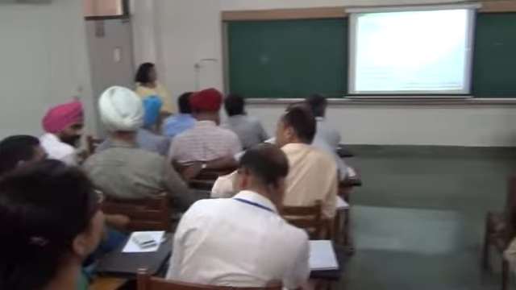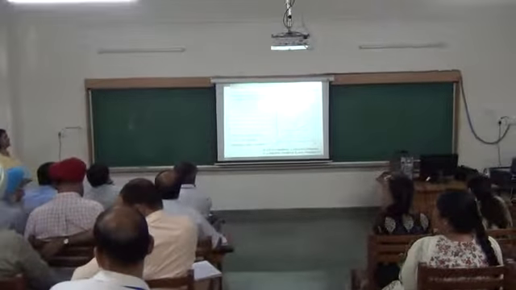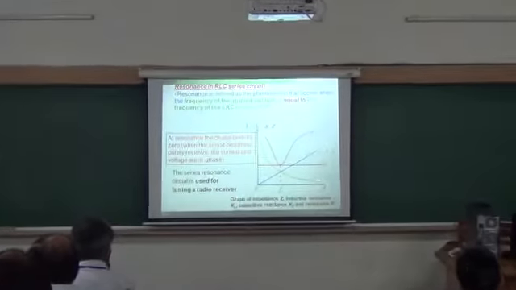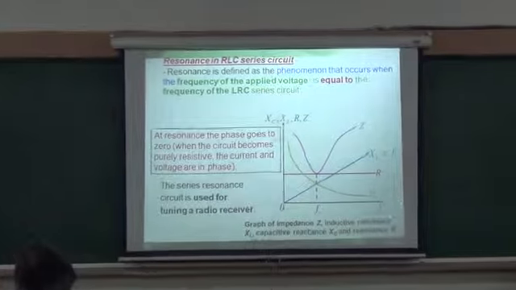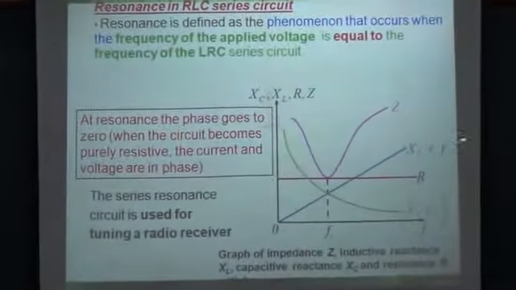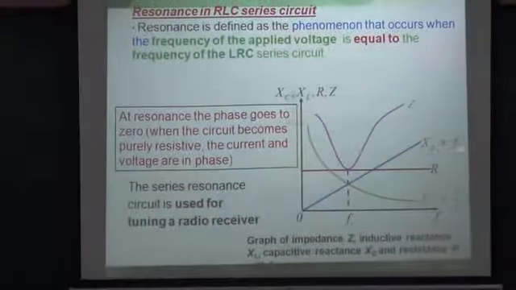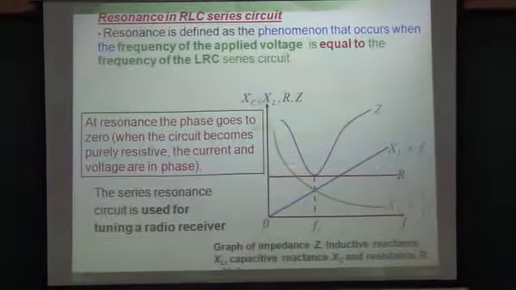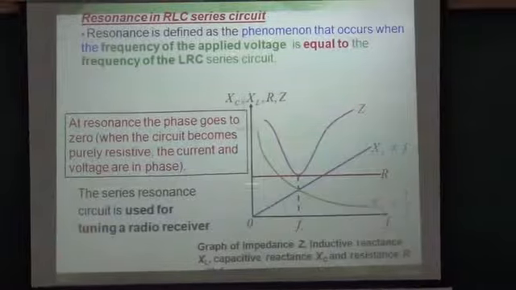Okay, so now let me see all the different values. This is my XC, which changes as 1 by F. XL is proportional to F, and this is R, which is constant.